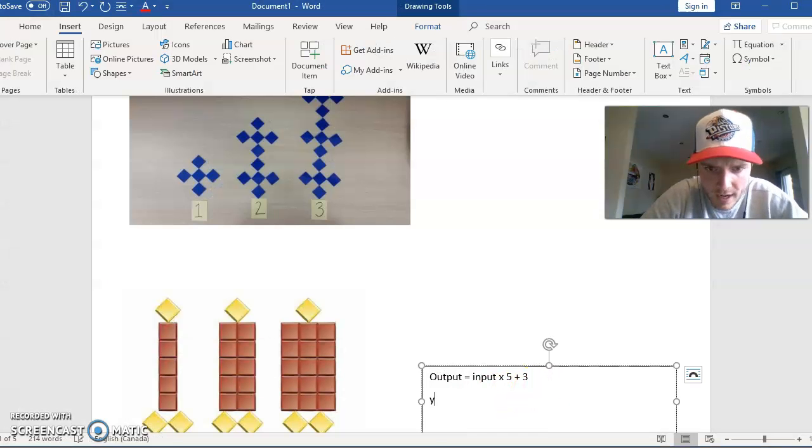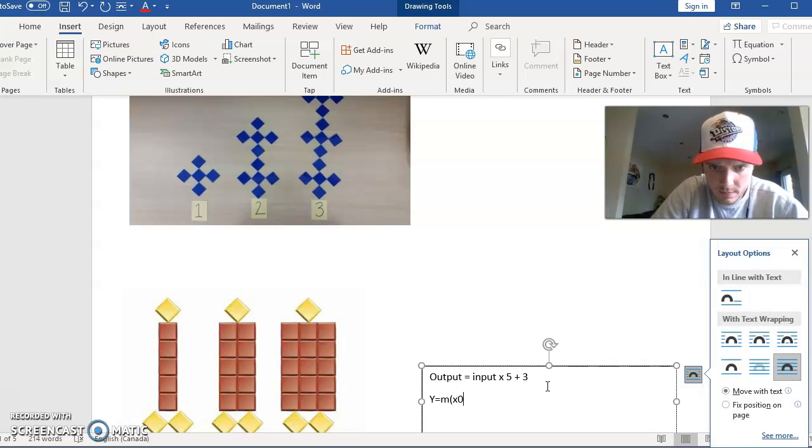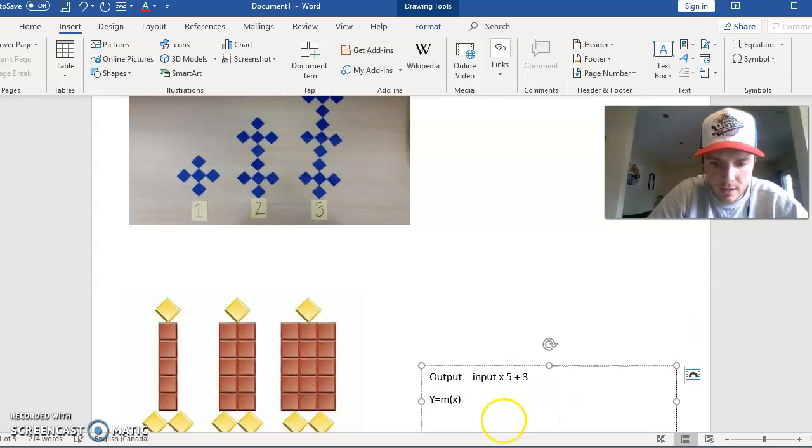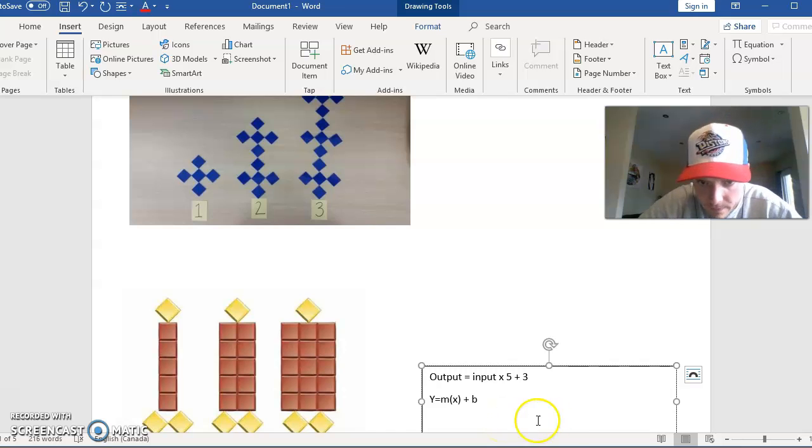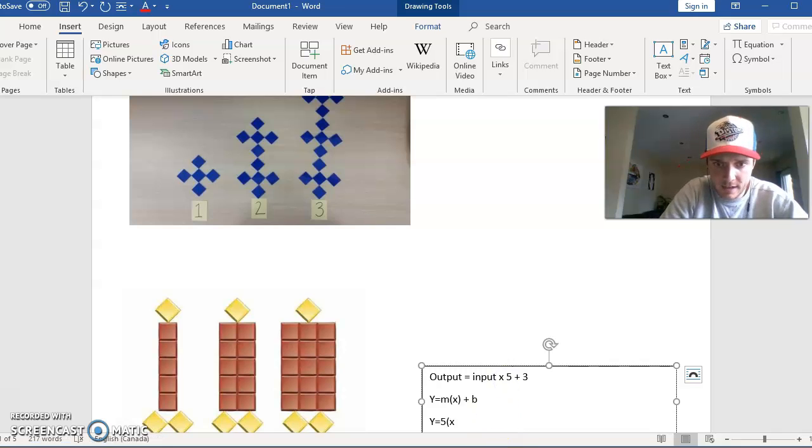So I'm looking at y equals m times x plus b. Y is our output, so y stays the same. M is our multiplier, which is 5, right? So 5 times x still.